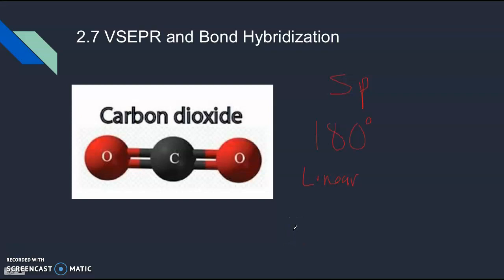And those are all the shapes that you need to know about. You don't need to worry about sp3d or sp3d2 hybridization. And I won't worry about the other shapes of molecules like octahedral or seesaw. Those shapes never show up on the AP exam. It's always going to be the ones that we talked about in the review.